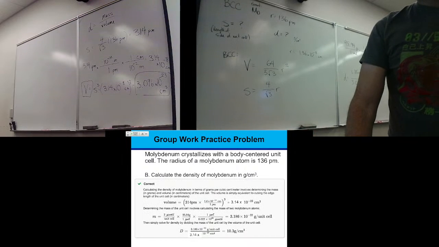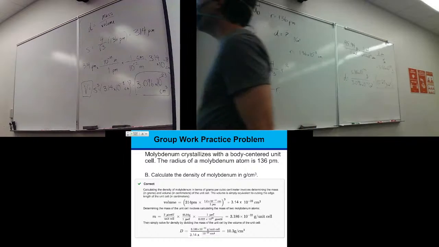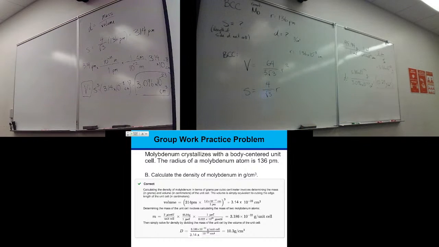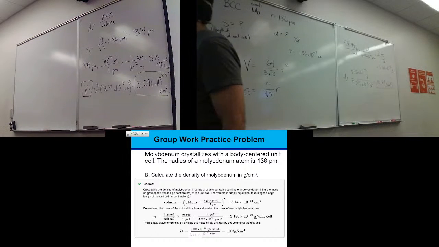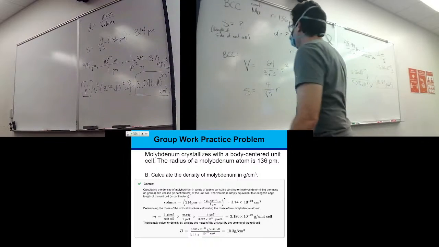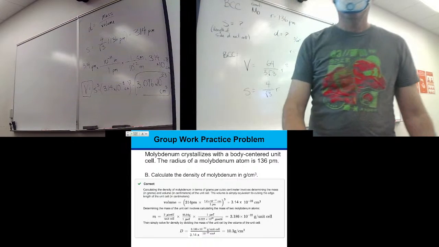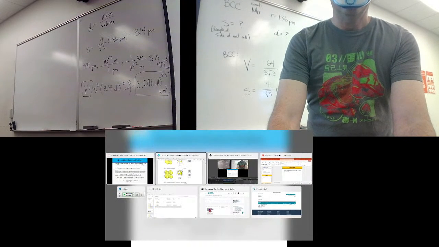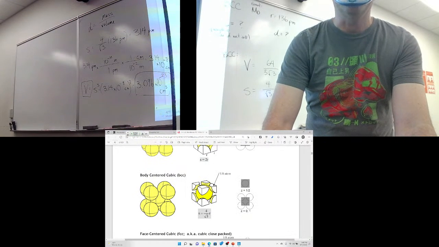Then you convert from picometers to centimeters. So they did it in one step instead of 2, but there it is. Then we get the mass of all the atoms. There it is. Then we divide, and you get 10.3 approximately. And if we look it up online, we might as well do that.